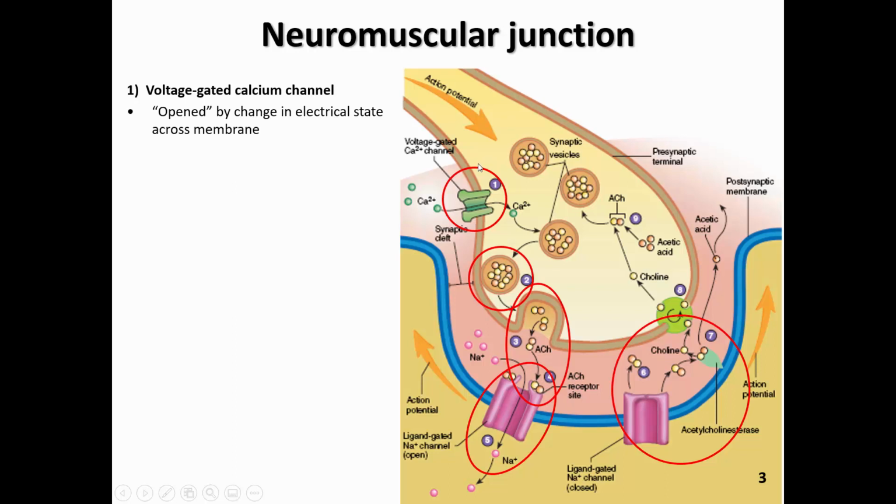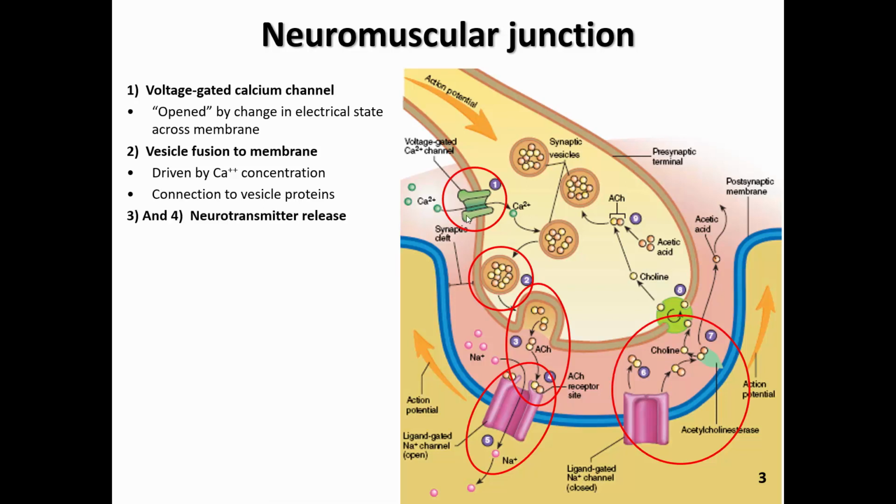And that change in the electrical state is enough to cause the calcium channels to open. Once the calcium channels open, the intracellular concentration of calcium will increase, and that will drive vesicle fusion to the membrane through connections to those vesicle proteins triggered by the opening of those voltage-gated calcium channels.